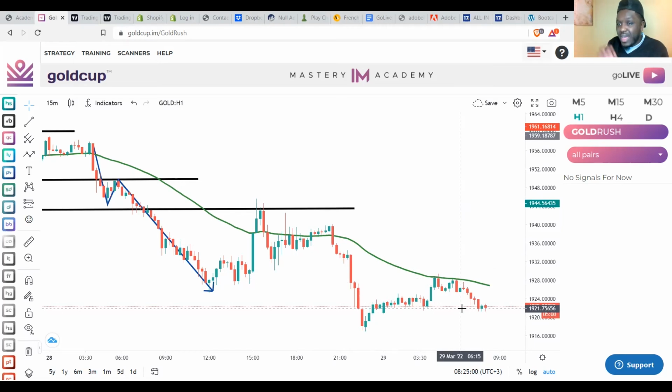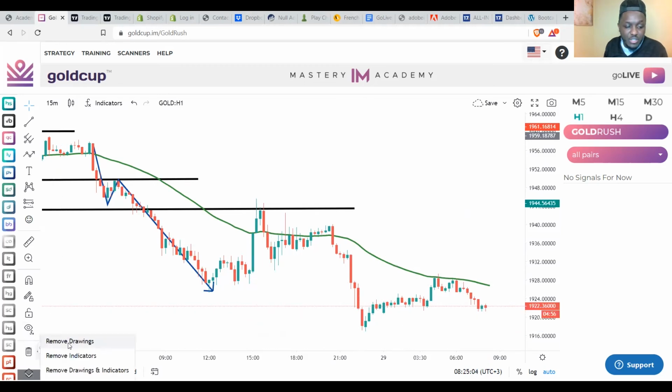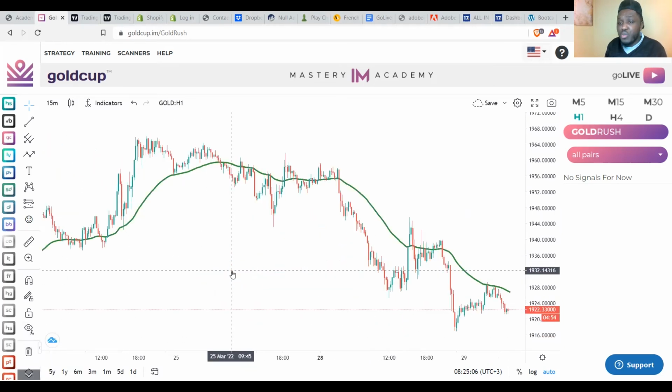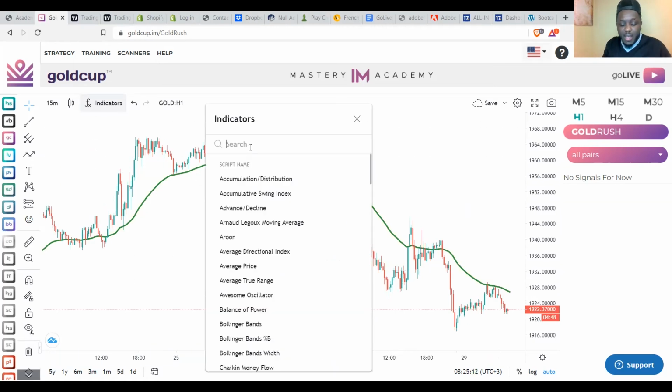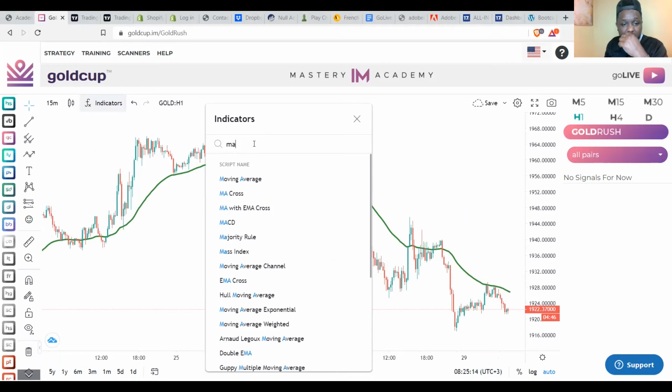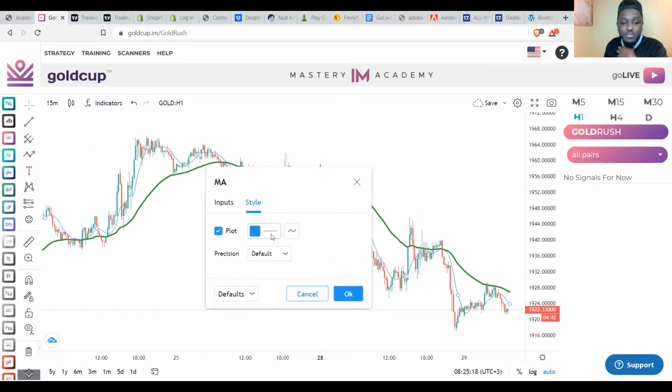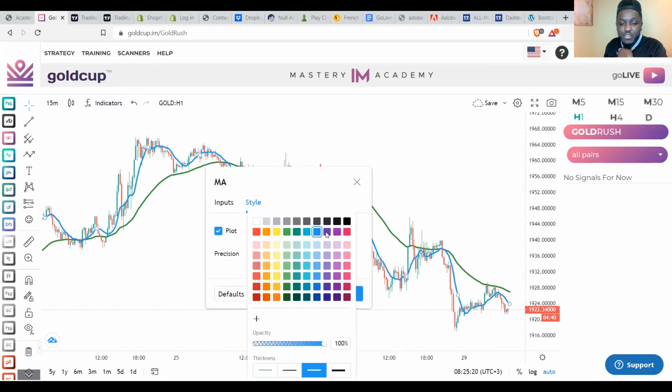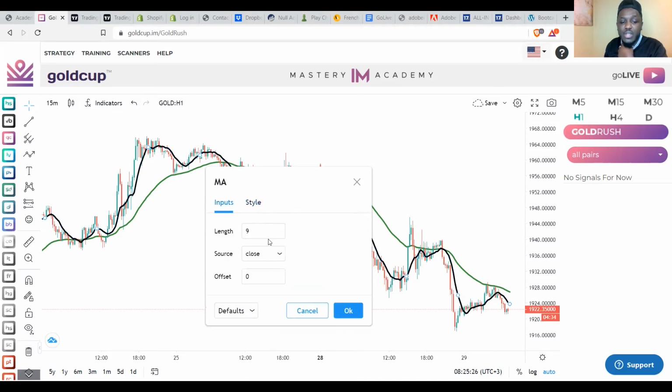Now, another way for you to do this, and I'm going to move fast on this, is to incorporate two moving averages at the same time. In this case, just come here to do an MA moving average, make it thicker, and we are going to make it a 9 moving average.